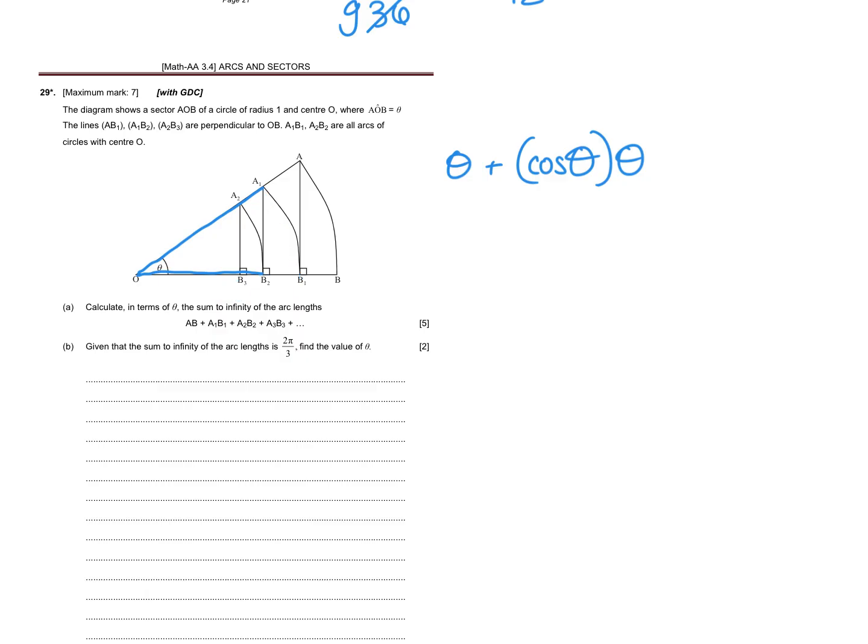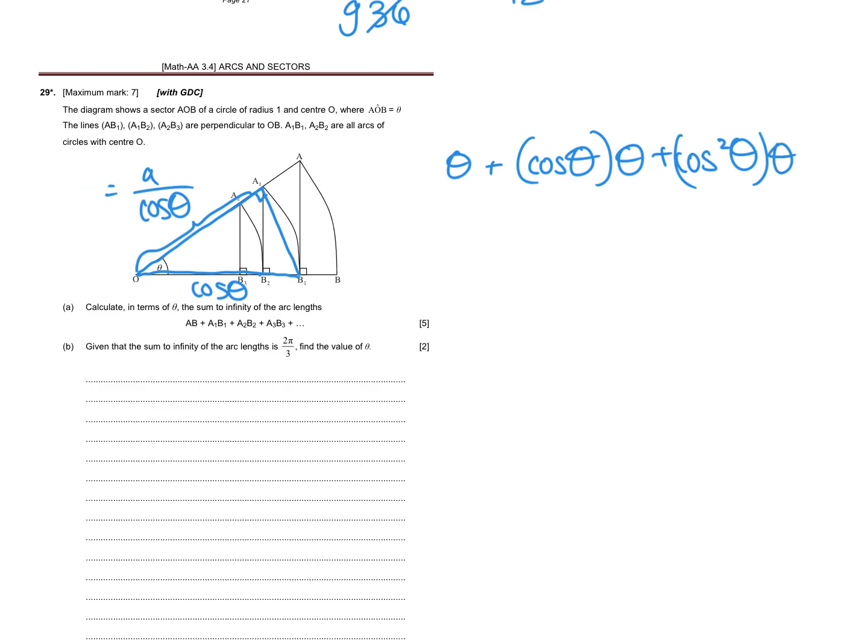So that's the adjacent, and this is the hypotenuse. So we're going to have cosine again. Cosine theta equals the adjacent, what we're looking for, over the hypotenuse cosine theta. So the radius of this thing is going to be cosine squared theta. That's r, and theta again is theta.